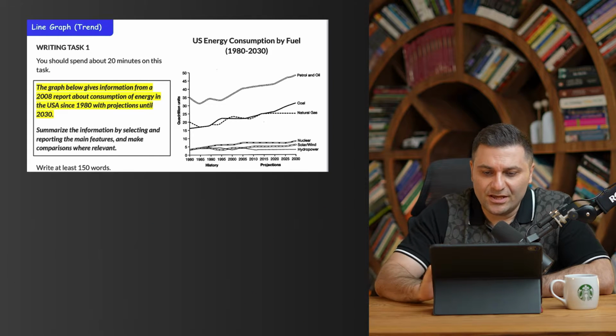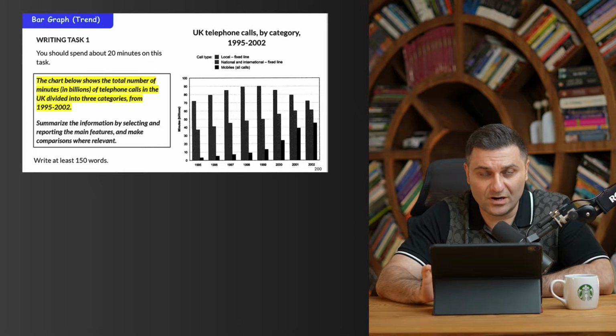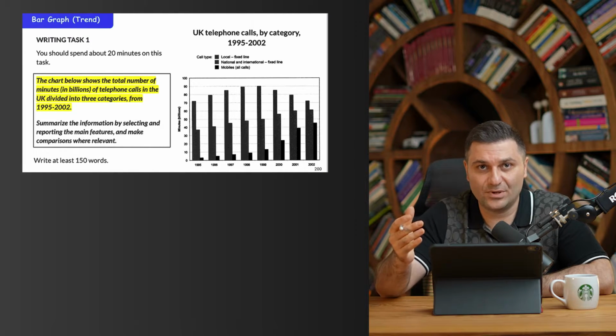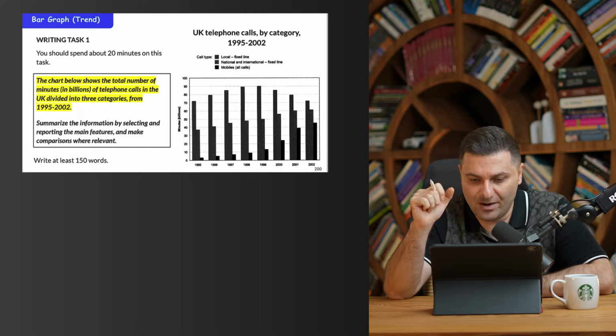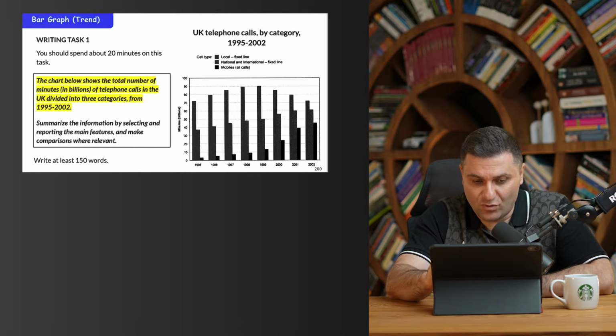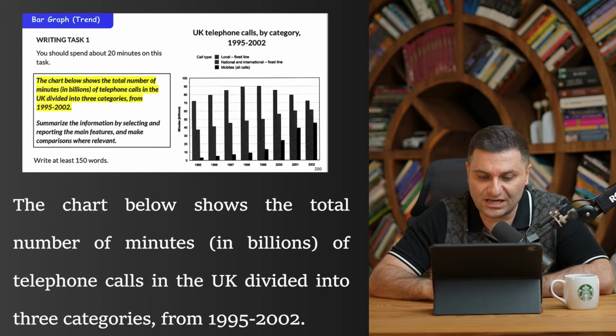Now, let's take a look at another example. As you can see on your screen, this is a bar chart. It's a trend because we have the data over a period of time. Now, let's take a look at the question. The chart below shows the total number of minutes in billions of telephone calls in the UK divided into 3 categories from 1995 up to 2002.